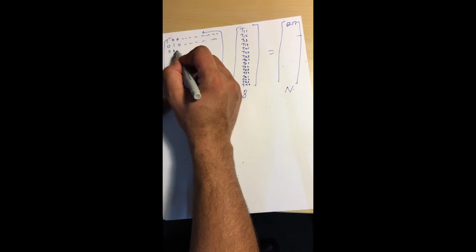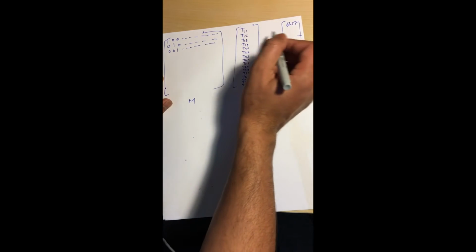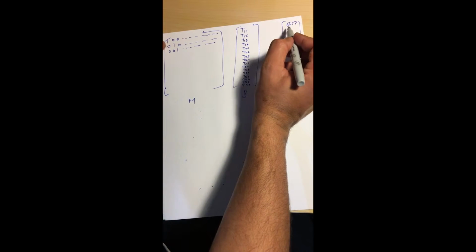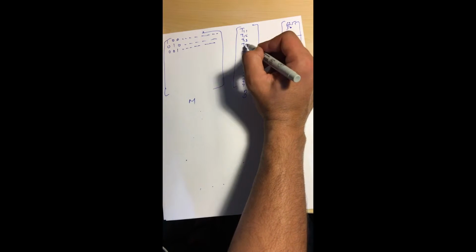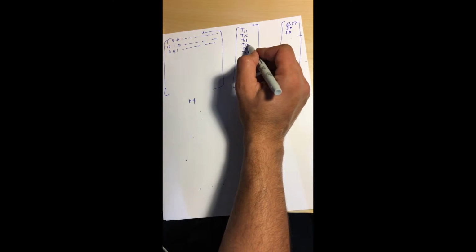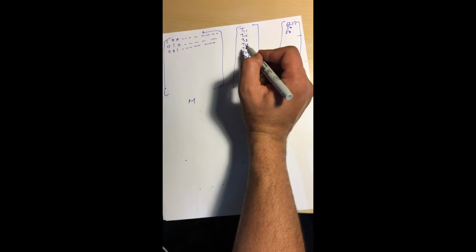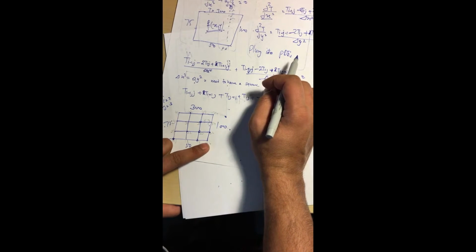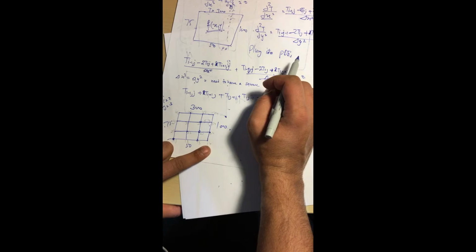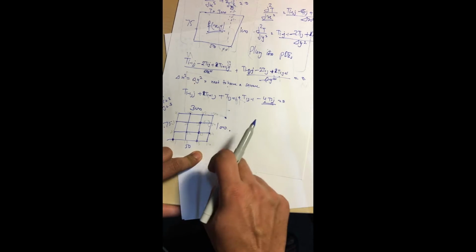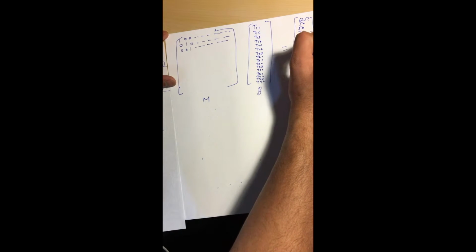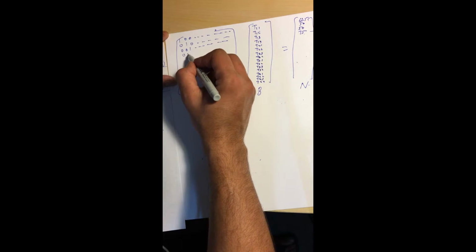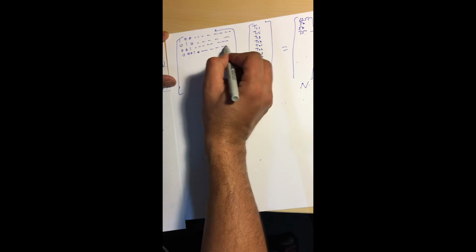At T(1,2) it will be 50, and this will be 50. At T(4,1), this is also an outline and a boundary condition, so we know this will be exactly half of these two, so it's 75. At T(4,1) it's 75, and the rest of the things will be 0.